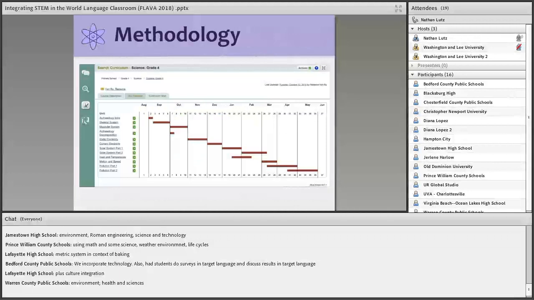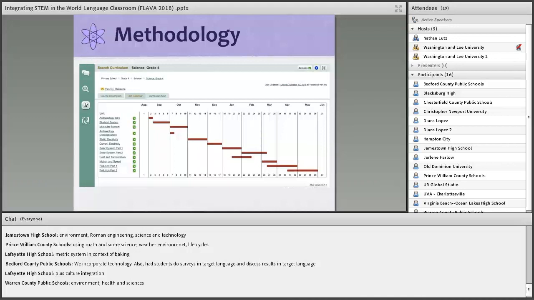In my school, we use the Atlas Rubicon curriculum mapping software, and it has been instrumental in our approach for making sure that we plan things that are in alignment with what's going on in their regular classrooms. So we often will access our science colleagues' curriculum maps.